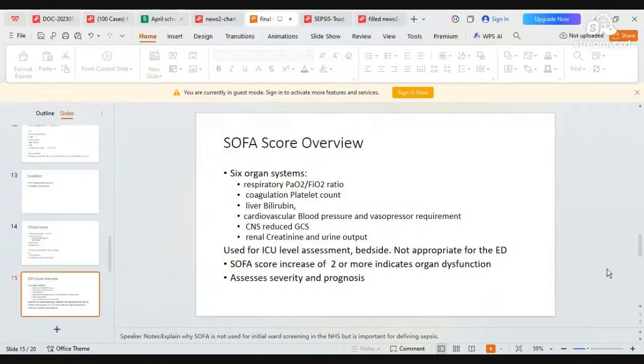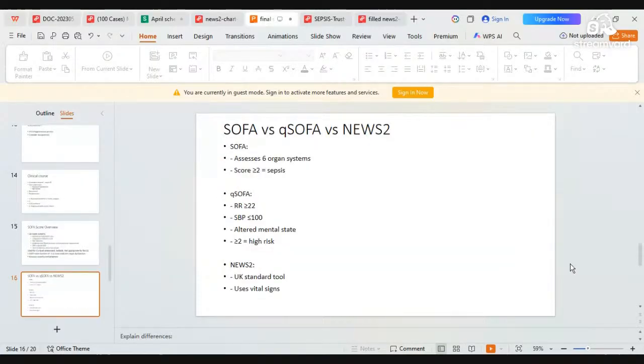The quick SOFA uses 3 parameters basically. It just uses the respiratory rate if it is equal to or greater than 22 cycles per minute, systolic blood pressure less than or equal to 100, or altered mental state. So once you have 2 of these parameters or more, then you just know that your patient is high risk and then you want to swing into action.